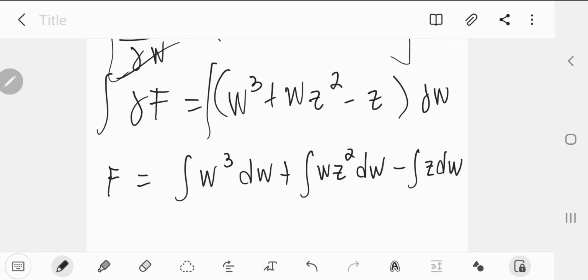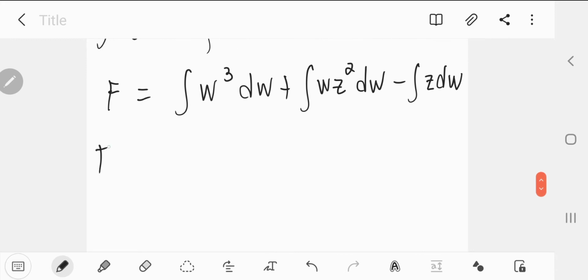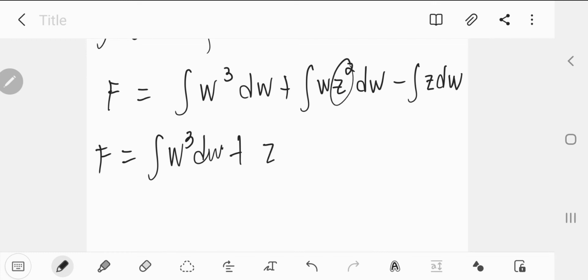And now let us simplify it. We have f is equal to the integral of w cubed dw plus, let us consider this as a constant, so we have z squared integral of w dw minus, let us also consider this as a constant, so we have z integral of dw.